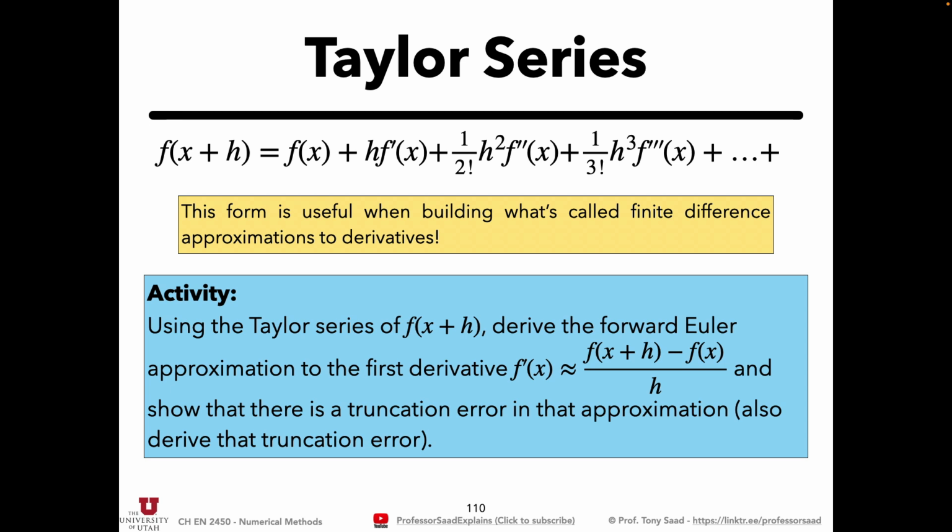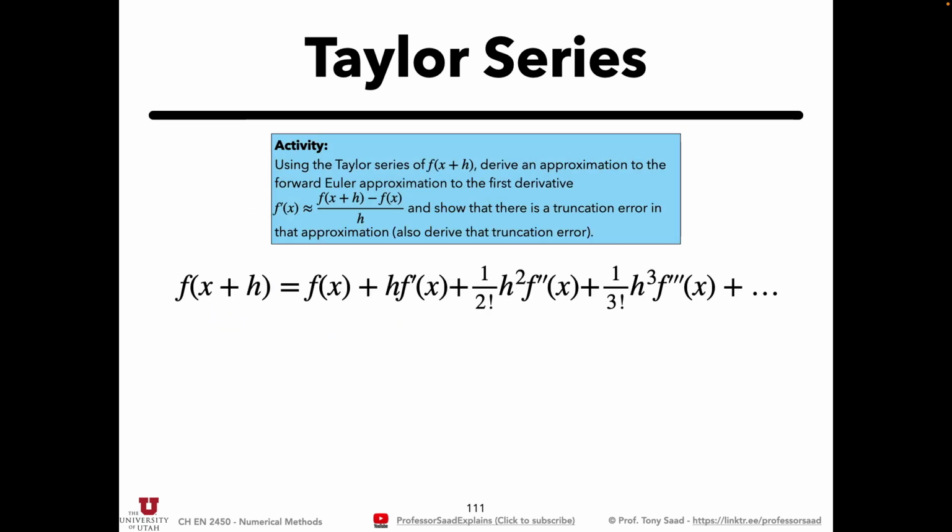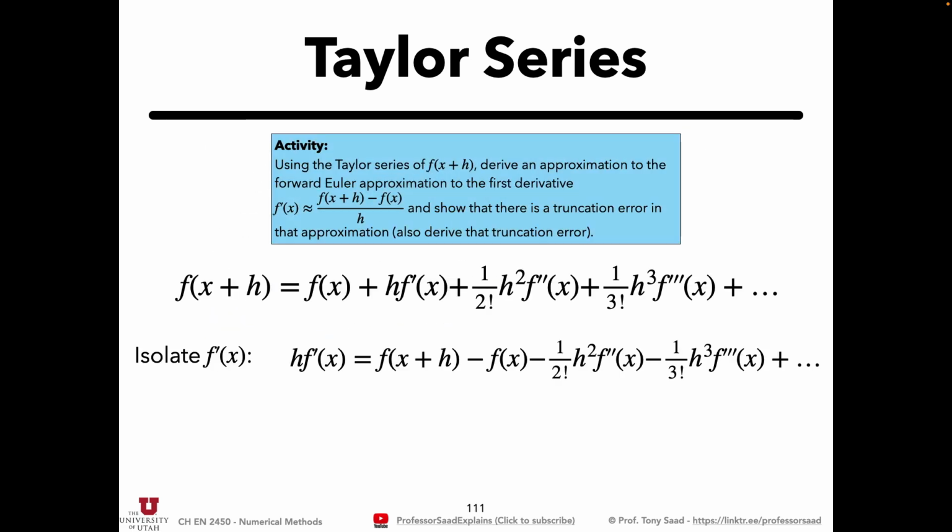Do exact math. Take that formula, pull out f prime to the left, move everything to the right. Let me show you my solution. This forward Euler formula for rise over run comes from the Taylor series. Here's how I do it. Isolate f prime.